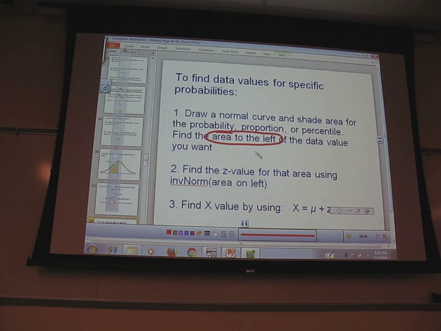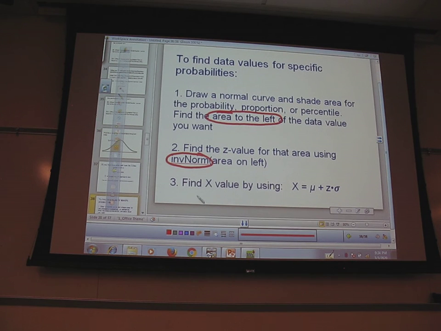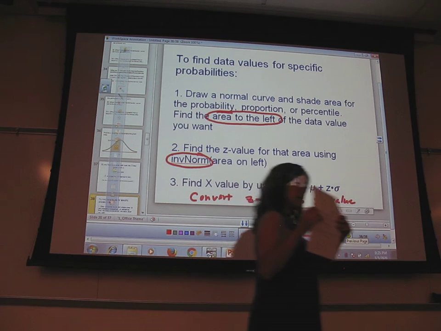So this is the part you should be writing into that first one. Then you're going to use inverse norm of the area left to find the z-score that goes with that area. And last thing you're going to do is convert your z-score to an x value. So that's the part that goes right in your handout, the next thing.